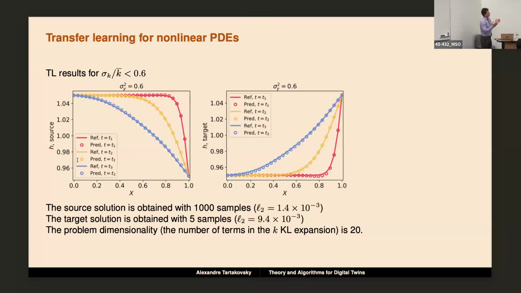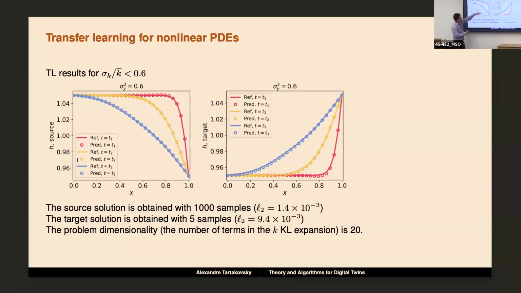And so these are our results. They are for this ratio of sigma K to K, which is equal to 0.6. This is the comparison of the exact solution and the solution given by our model at different times.